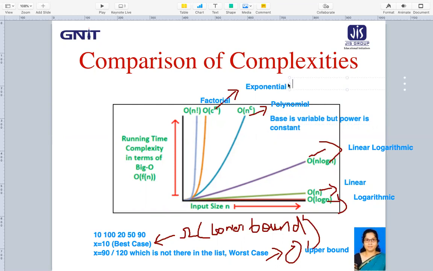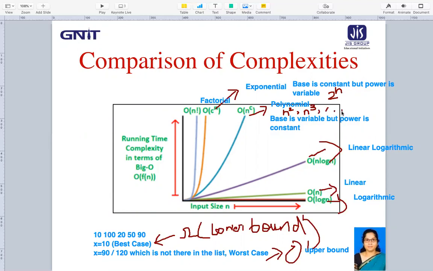While in case of exponential, the base is constant, but the power is variable. For example, 2 to the power n is exponential, and polynomial is n square, n cube, and so on.